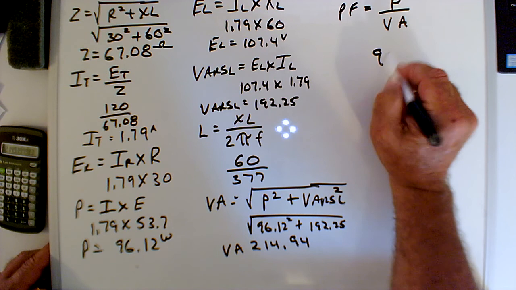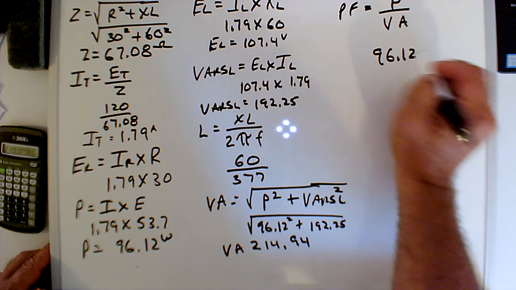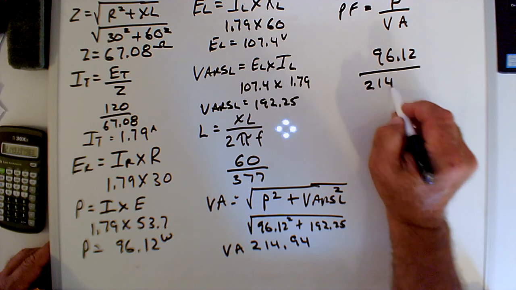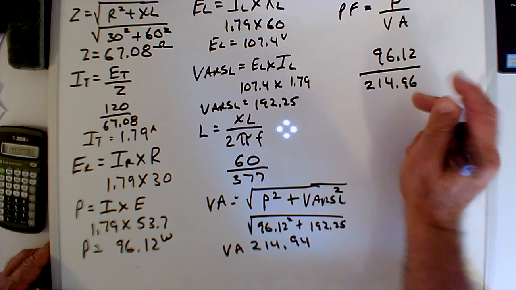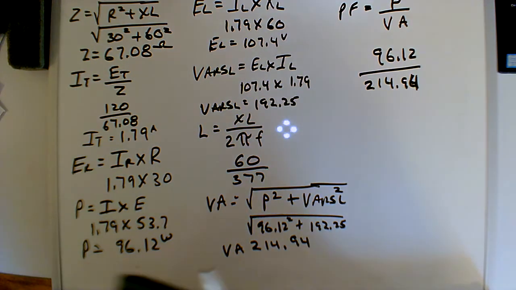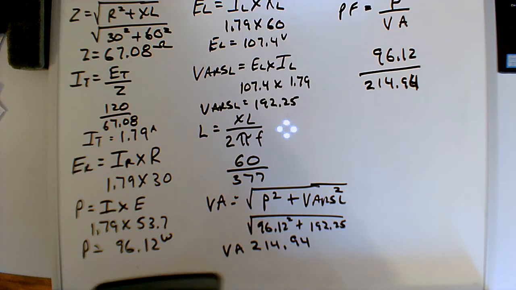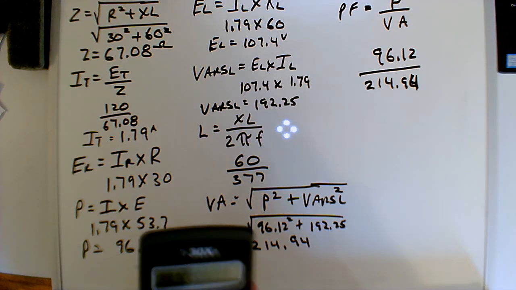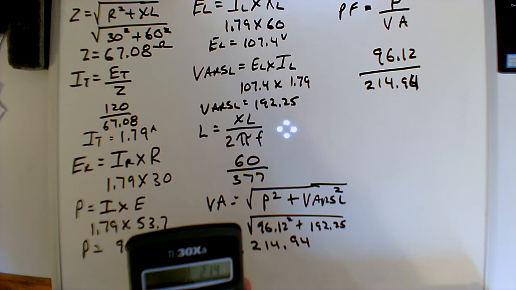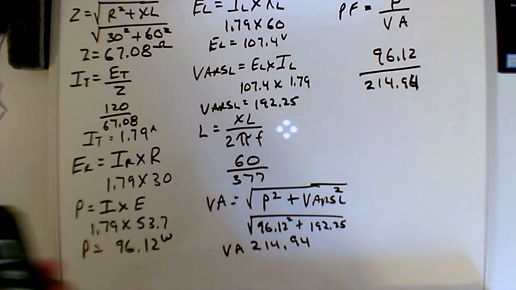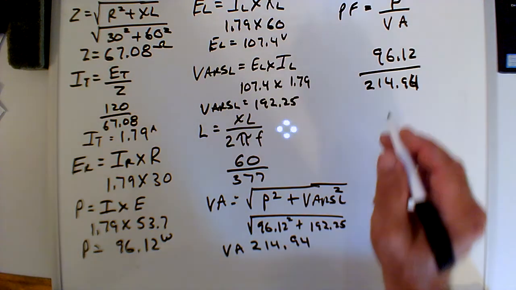In this case, the power is 96.12, and the VA is 214.94. So 96.12 divided by 214.94 equals 0.447.